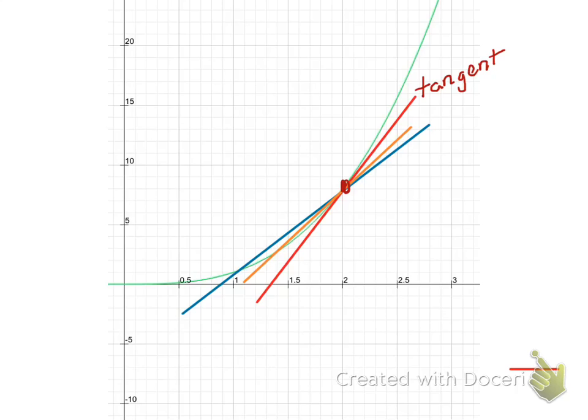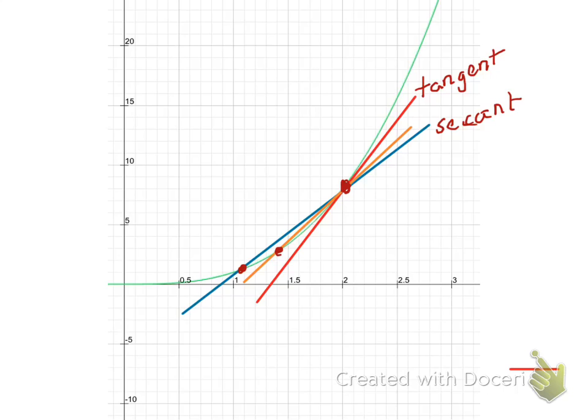These other lines, the blue and the orange, are what are called secant lines. As you get close to this point, they're going to hit the curve at 2 points. The blue one hits down here close to 1 and at (2, 8), and the orange one hits a little bit closer to 2, at more like 1.4 and at 2.